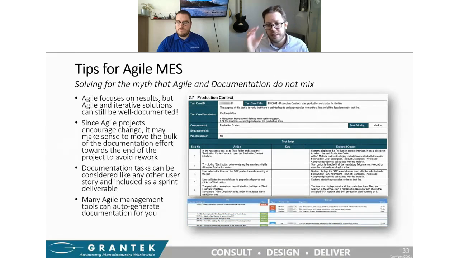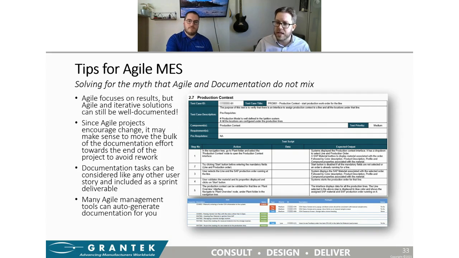I will say that since Agile does encourage change, it might make sense to move the bulk of your documentation efforts towards the end of the project rather than the beginning to make sure that you're capturing the final state of the deliverable and that you don't need to be going through and doing major documentation rework every 2 weeks. But in general, a documentation task is just like another user story in your backlog, just like any other feature is.